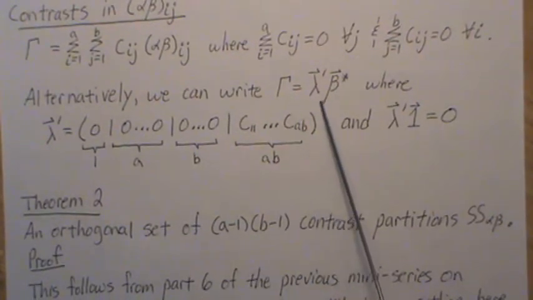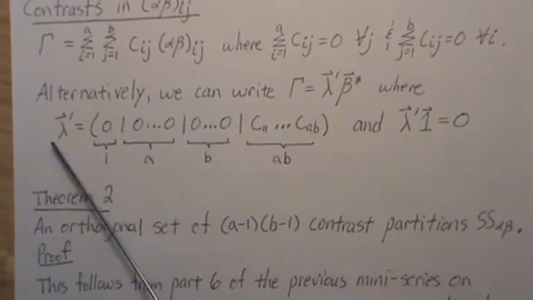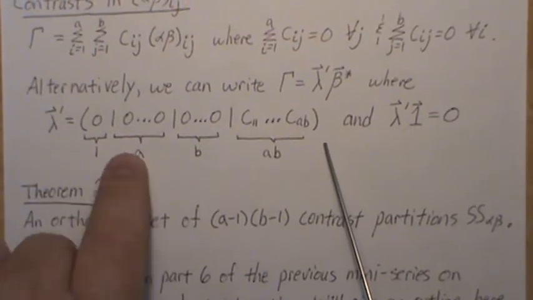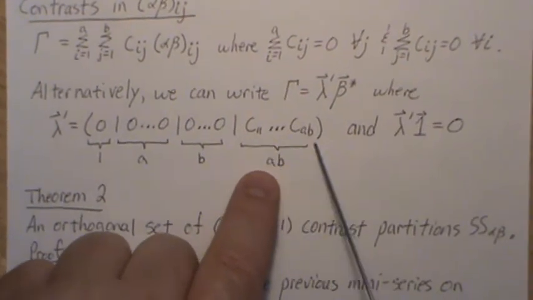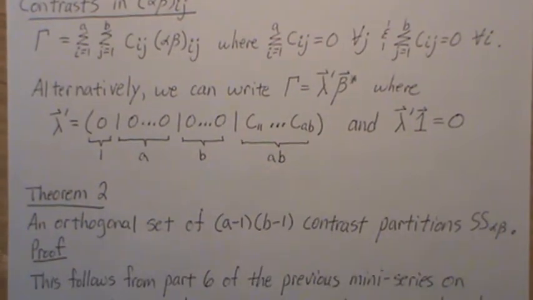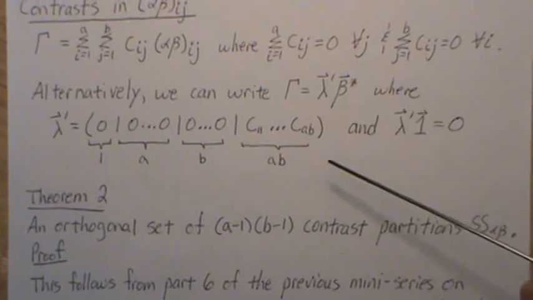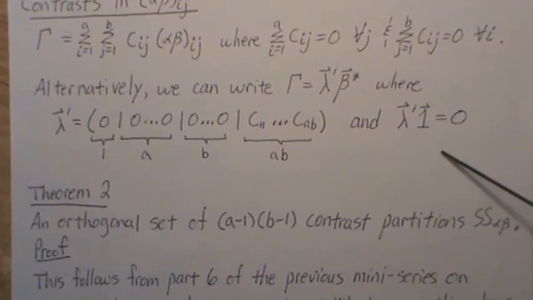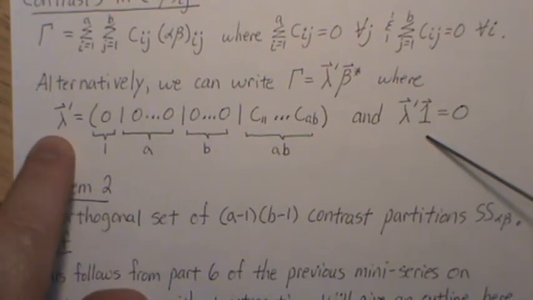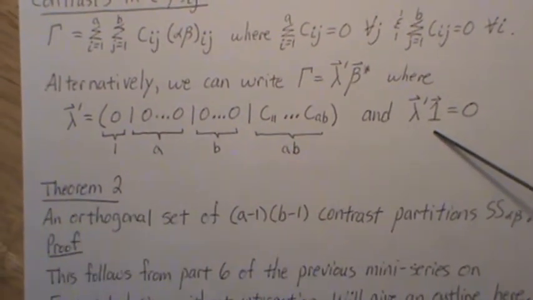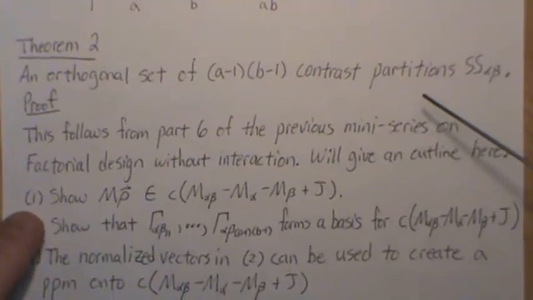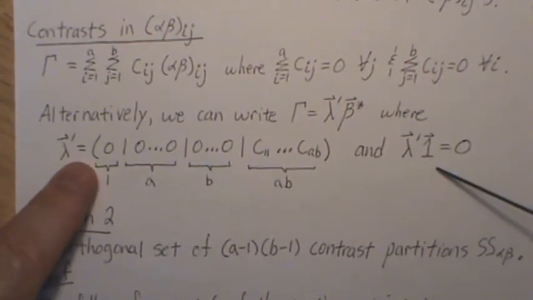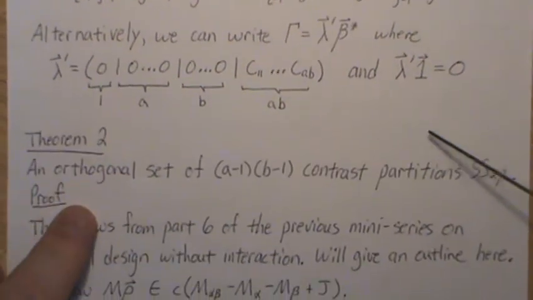Alternatively, in matrix form, we can write it like this, where lambda is this. So we have all 0, so we're not picking off any of those, and we're only dealing with the interaction terms. And that's actually how you do contrast in the two-factor factorial design with interaction. Now granted, this has to sum to 0, right? Those have to add to 0. And we will look at this in our R illustration, the last video of this little mini series.